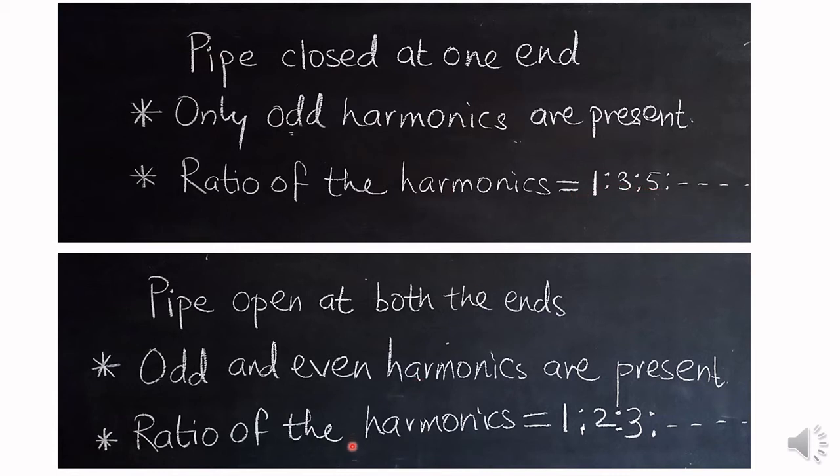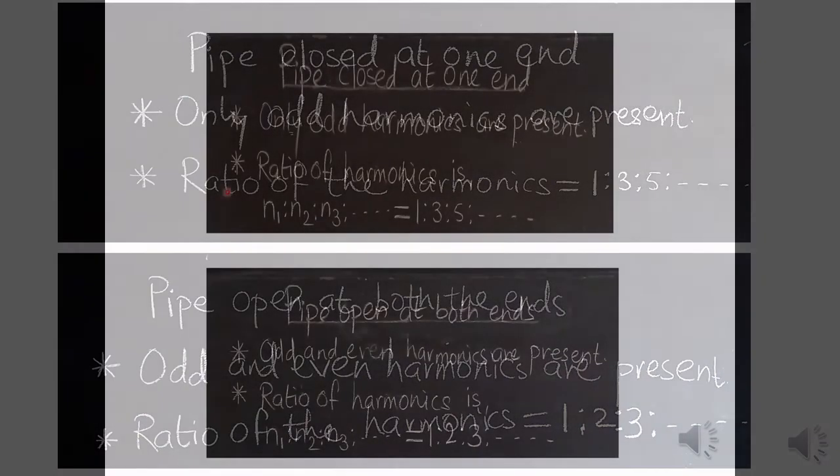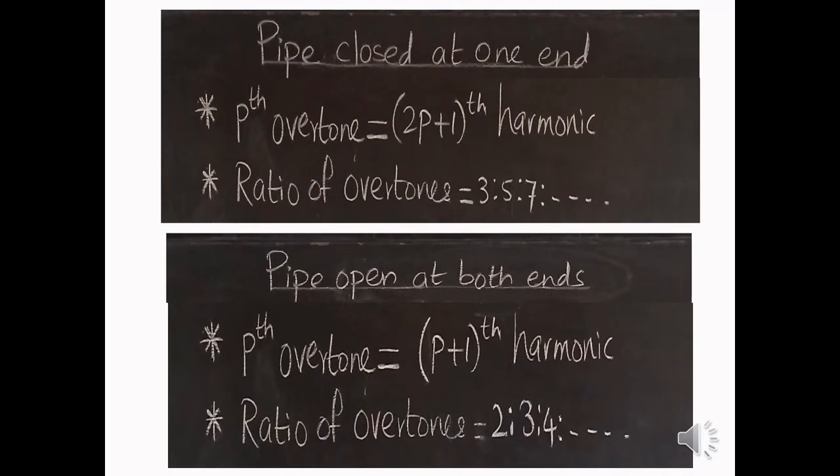Whereas here, as you go from the fundamental mode to higher modes, the frequency changes from n, 2n, 3n and so on. So the ratio of the harmonics here is 1 is to 2 is to 3 and so on. In case of a pipe which is closed at one end, the pth overtone is equal to the (2p+1)th harmonic. And here we have the pth overtone is equal to the (p+1)th harmonic.